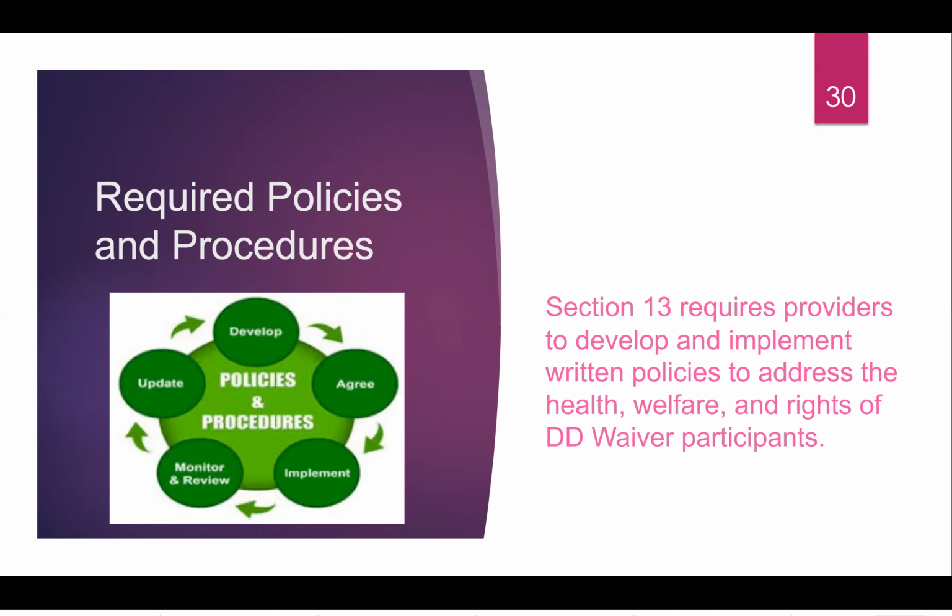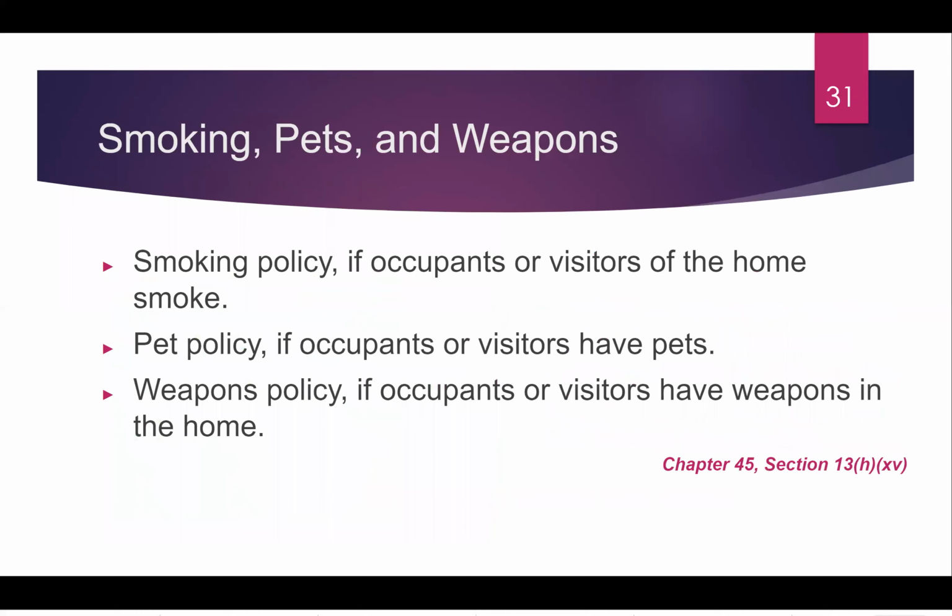Section 13 requires providers to develop and implement written policies to address the health, welfare, and rights of DD waiver participants. Section 13H15 establishes that providers must have policies related to smoking, pets, and weapons if these are on the premises of the provider-owned or operated setting.